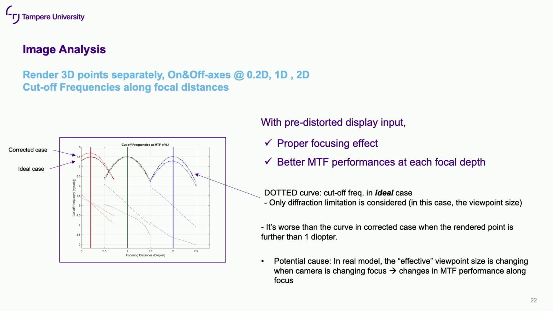The viewpoint size increases when the camera focuses at deeper depths and decreases for shallower depths. As a result, the image performance in ideal settings in our simulation can be better than in an ideal model with an always fixed viewpoint size. We are currently conducting further studies to verify these hypotheses.